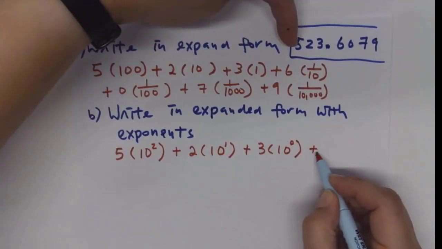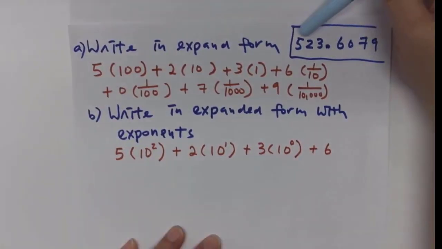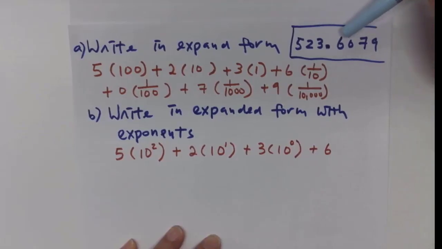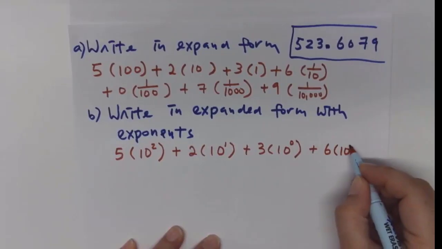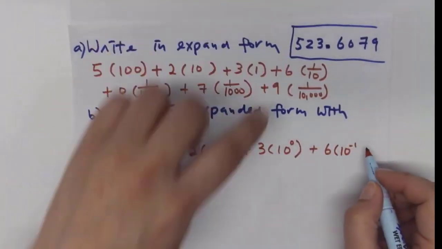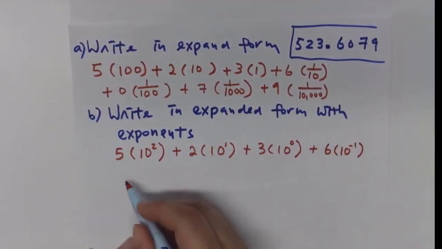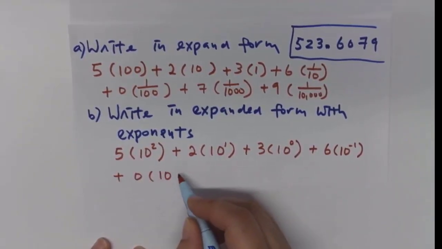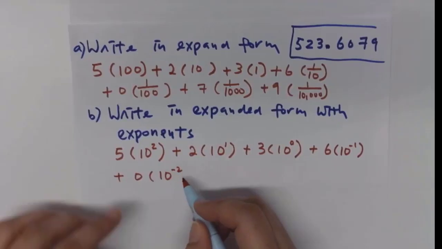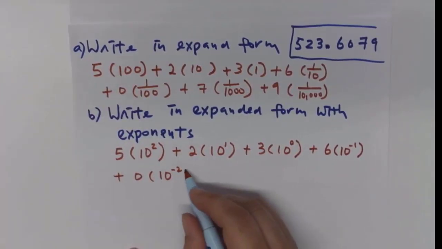And then for the 6, you can think of this as 10 to the second, 10 to the first, 10 to the 0 power, and then the next one would be 10 to the negative 1 because it's in the denominator, right? So it's a negative exponent. And then for the 0, it's going to be 10 to the negative 2 because it's 2 zeros in the denominator.